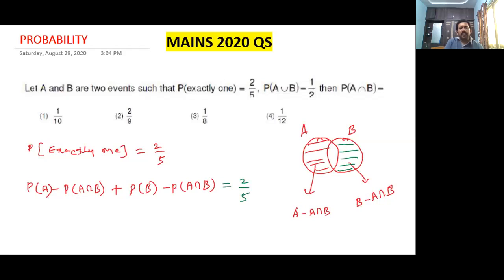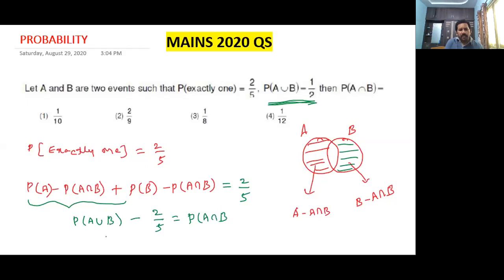Here already given P of A union B value is 1 by 2. What is the P of A union B formula? P of A plus P of B minus P of A intersection B, that is P of A union B only. Minus 2 by 5 on the left hand side and P of A intersection B on the right hand side.